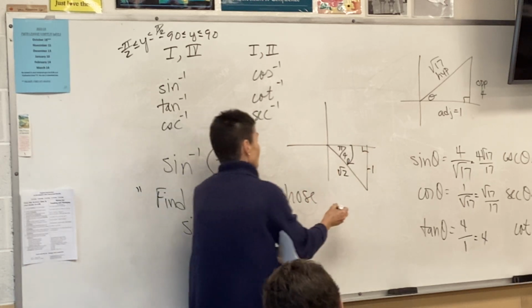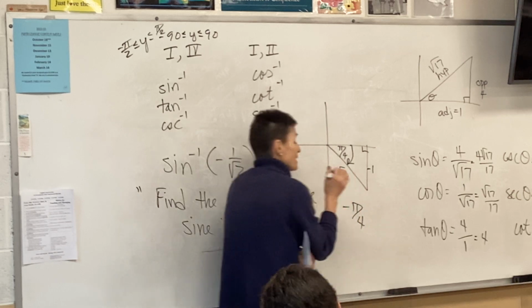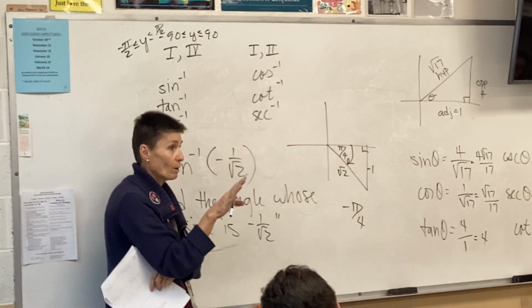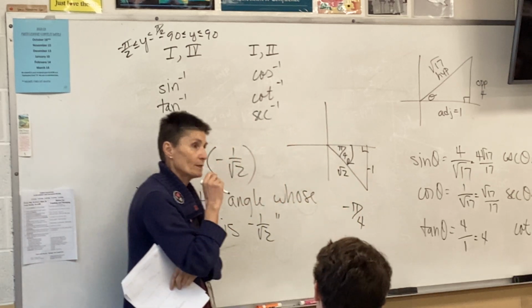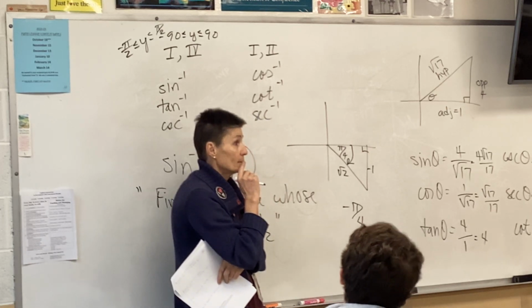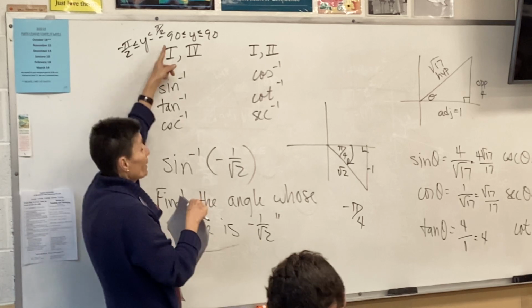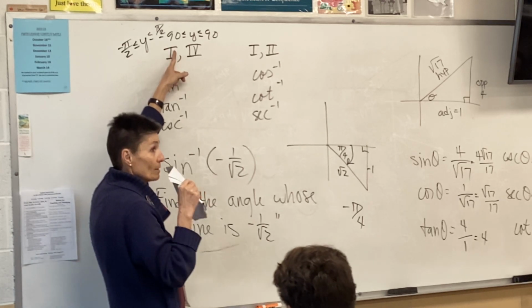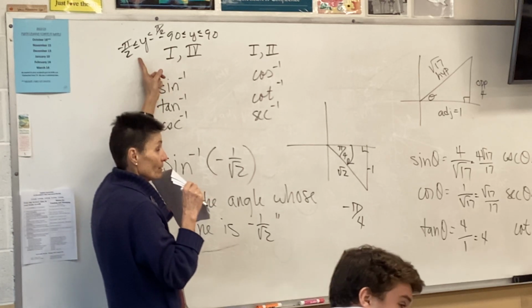Negative pi over 4. Now, if you wrote pi over 4, which quadrant is that in? Quadrant 1, the wrong quadrant. We have to be between negative pi over 2 and positive pi over 2. The only way we can be negative is to be over here.